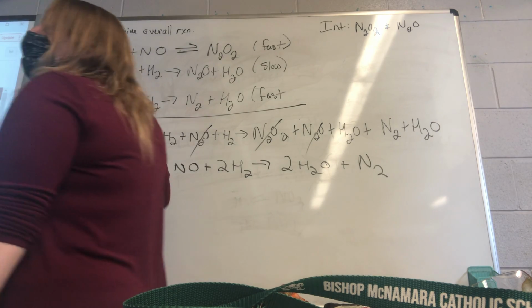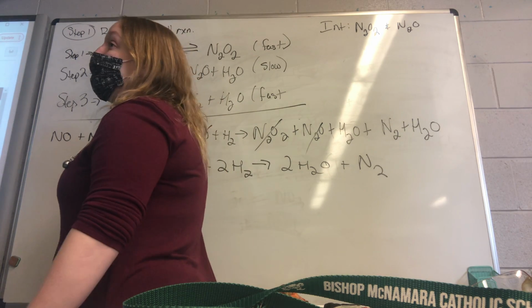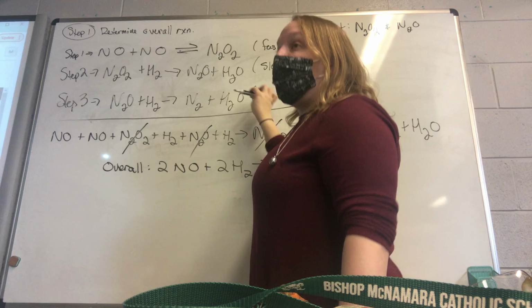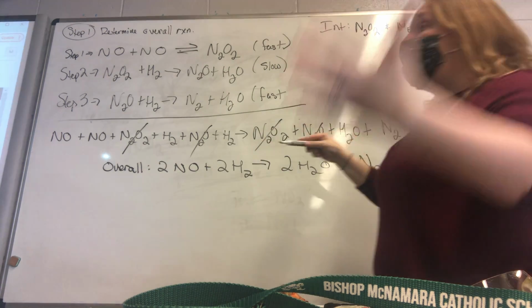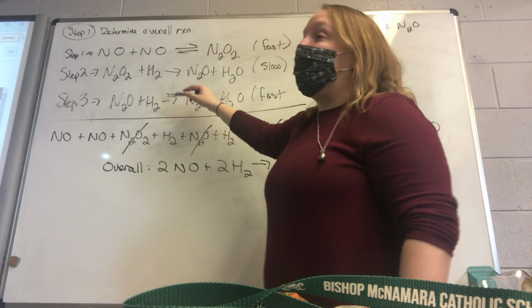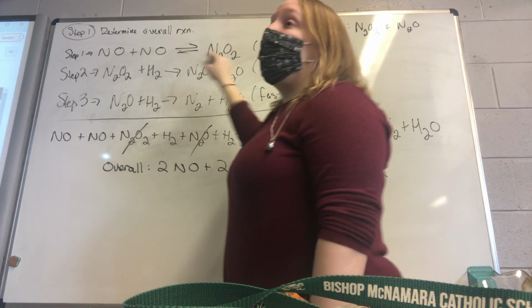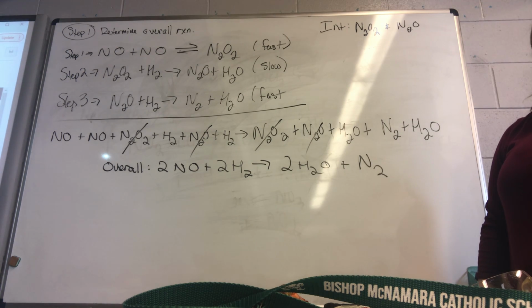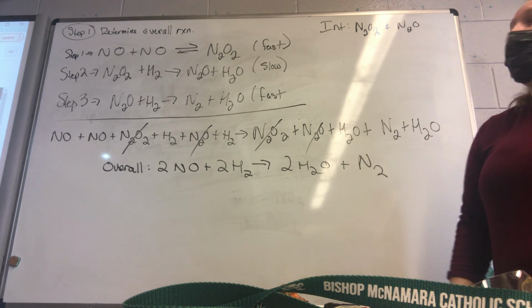If you were looking for a catalyst, you would want to see it in a reactant first, and then later on as a product. If you flipped steps 2 and 3, N2O would be a catalyst. But are there any catalysts at this point? No. No catalysts. Okay?